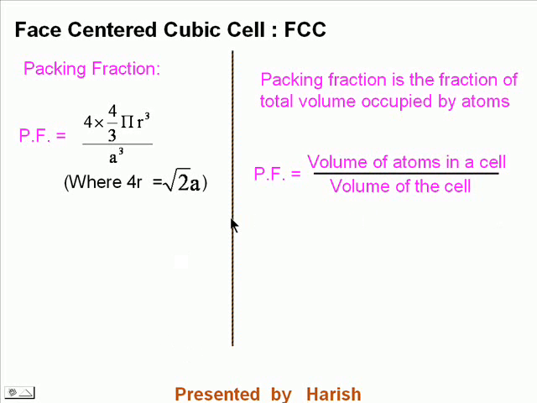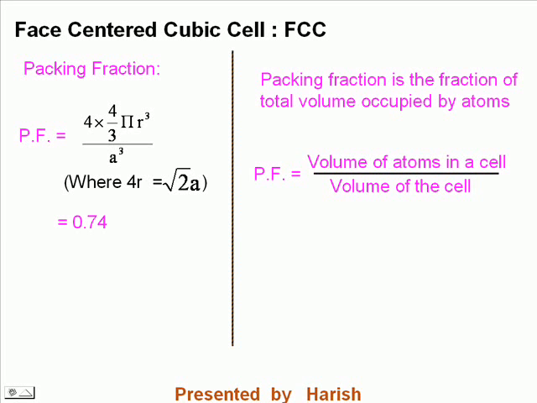The rest of it is void. And what is the relation between a and r? We consider the face diagonal, where 4r is equal to root 2 a. That value is 0.74, and remember this is the highest we have learned till now. In fact, this is the highest and best packing that is possible. We know that 100% is not possible because we are trying to fill a 3D space using spheres, not cubes, so they are not going to fill it 100%.